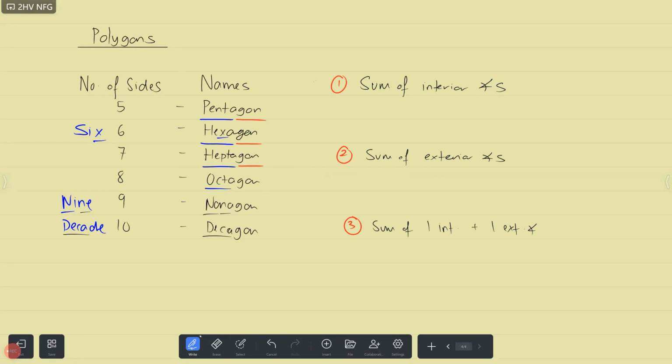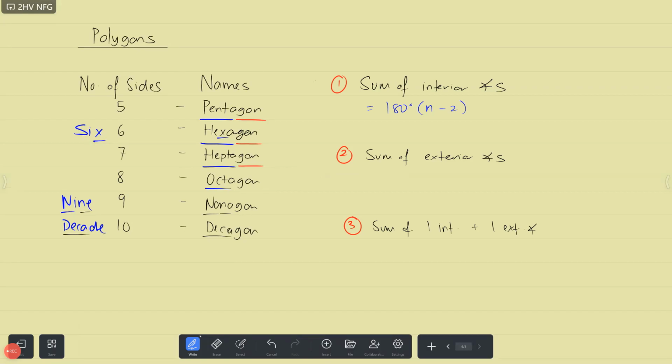For polygons, you have 3 formulas that you must remember, except for number 2, which is not really a formula, it's just a figure. The sum of interior angles is obtained by taking 180 degrees multiplied by n minus 2.